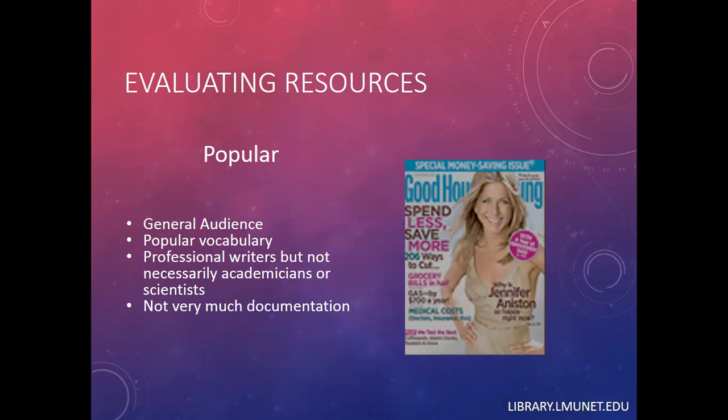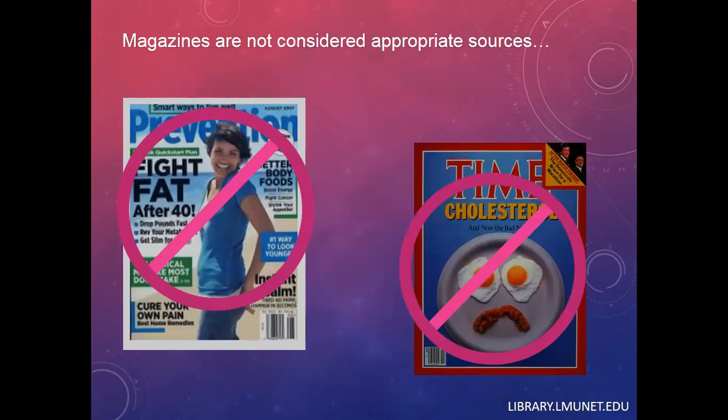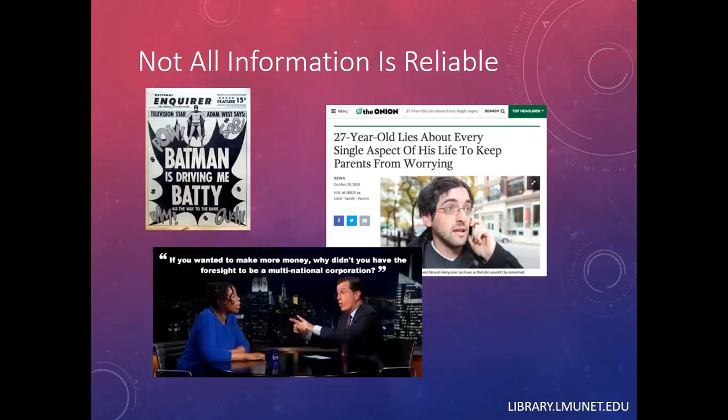When you're choosing what type of resources to use for your nursing papers, you're probably going to be choosing something that's not so popular. Popular resources are geared toward a more general audience, not students or future scholars. And magazines are not considered appropriate. Definitely not all information is reliable.